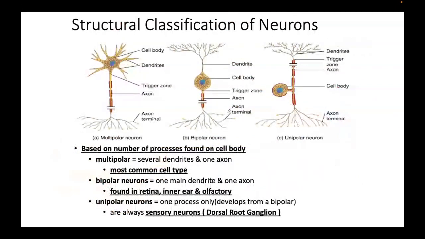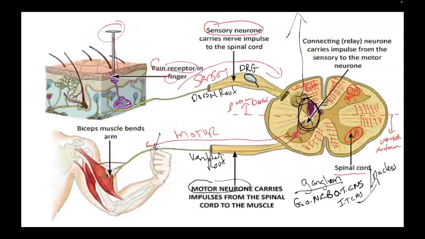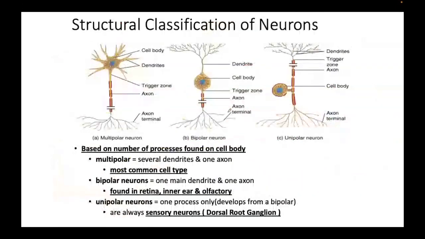Now, in terms of structural classification, this was function. When we look at structure, it can be either a multipolar, bipolar, or unipolar neuron. Now, the one that's the most common type and the one that we've been focusing on is the multipolar, and that's the classical one where you've got your dendrites, your cell body, right?